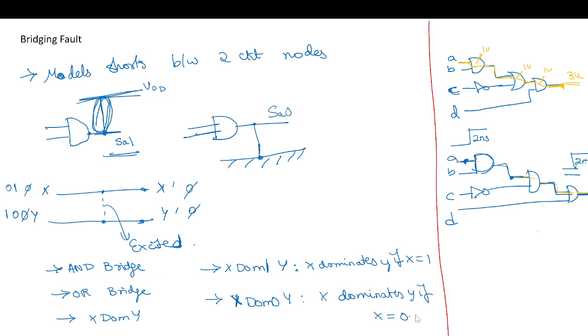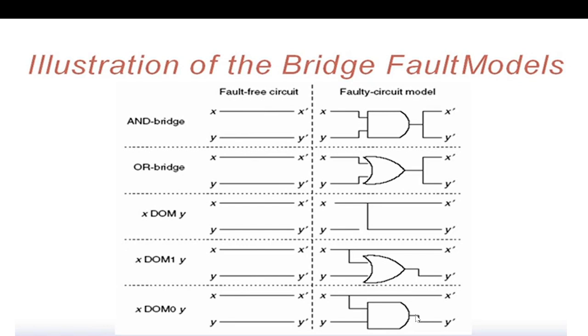This is modeled as shown here. For the AND bridging, there is an AND gate between these two wires, so that's called AND bridging, and this is for OR bridging.